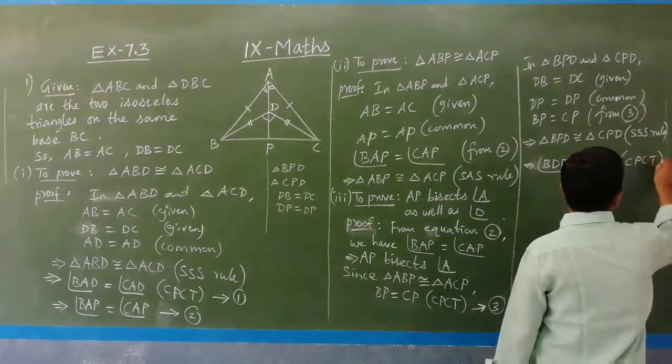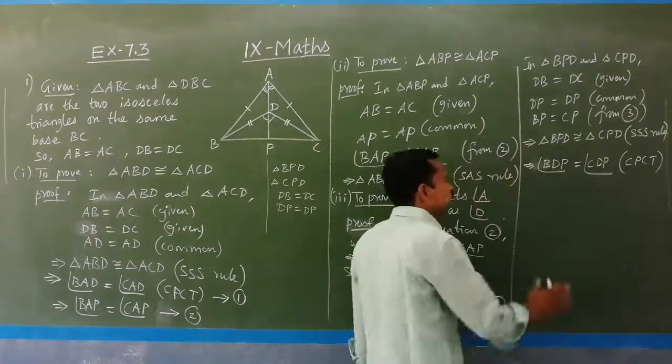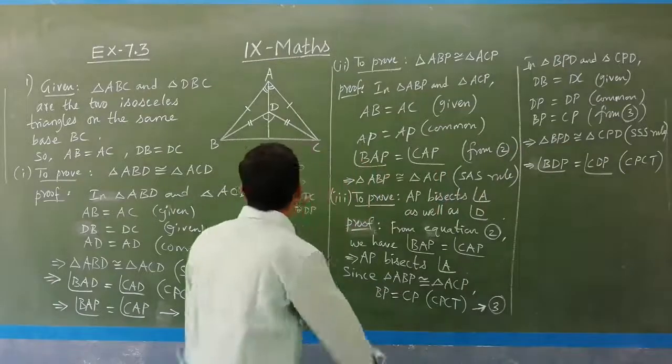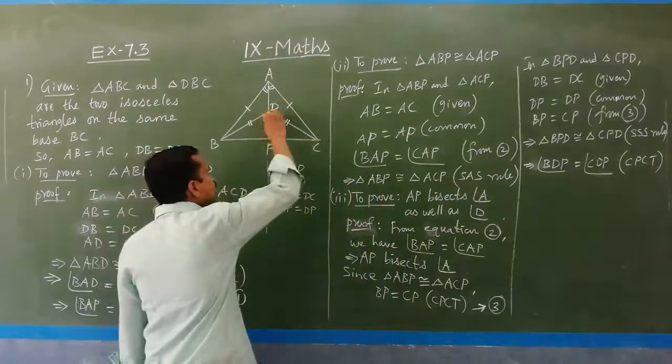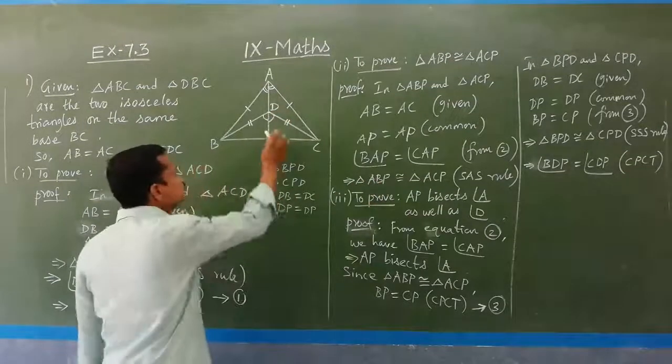After proving these two triangles congruent, these two angles are equal by CPCT, so we just proved that angle BDP is equal to angle CDP.